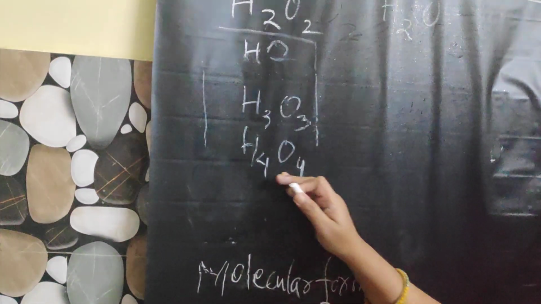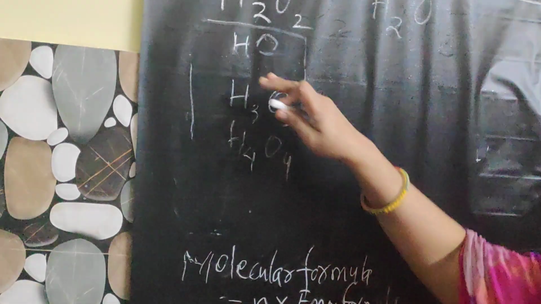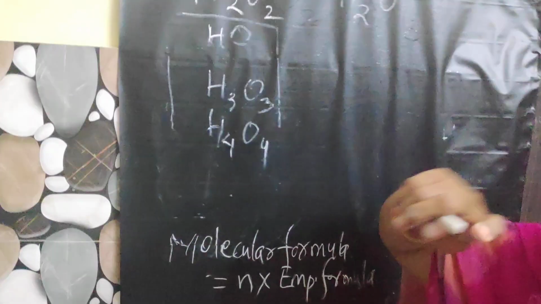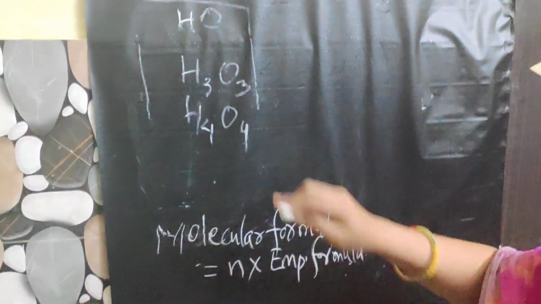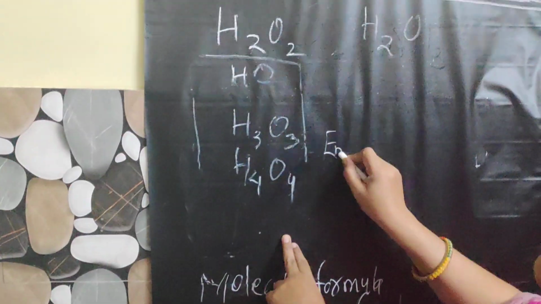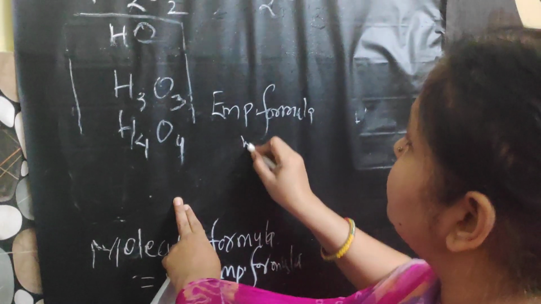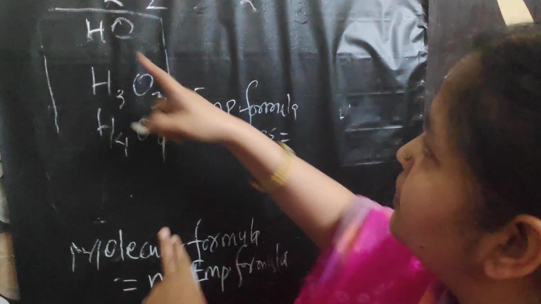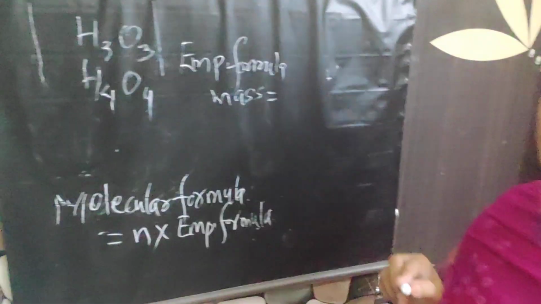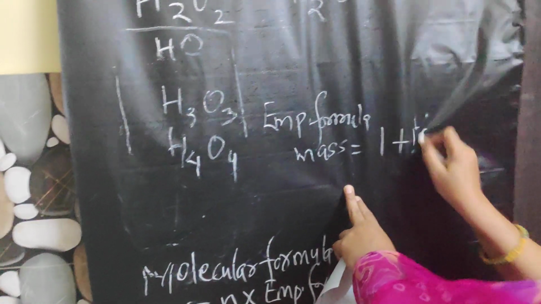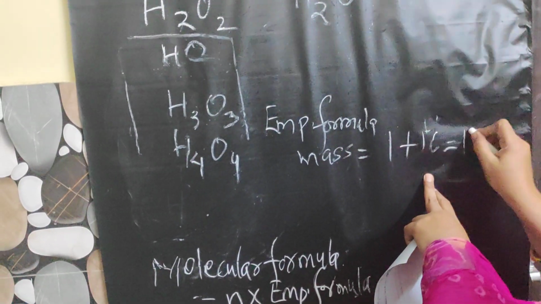So when it was being found out, it was HO. Now, from the empirical formula, what will be the empirical formula mass? It will be HO: H will be 1 and O will be 16, so together they become 17.